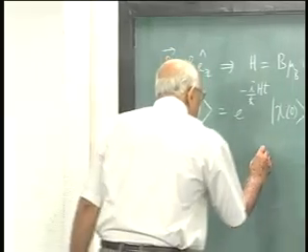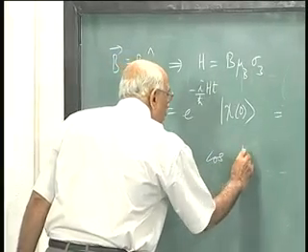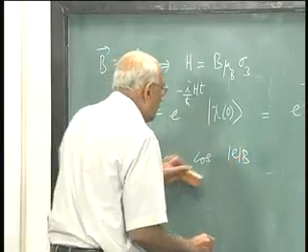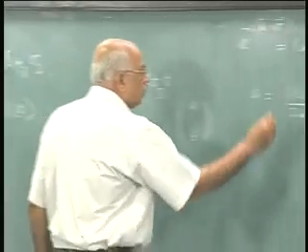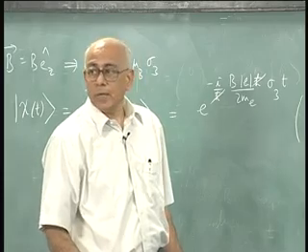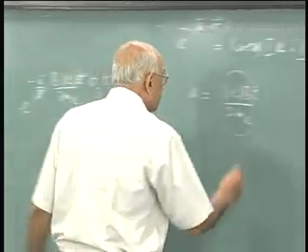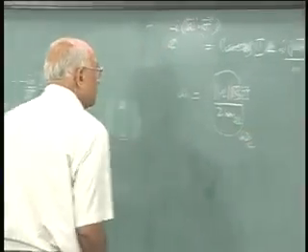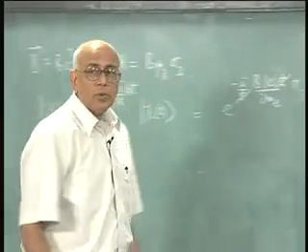It would be cosine of mod eB t over 2m. Oh, incidentally, what's this equal to? What's eB over 2m? It's a cyclotron frequency, right? Is it the cyclotron frequency or twice the cyclotron frequency, or half the cyclotron frequency? Half the cyclotron frequency.